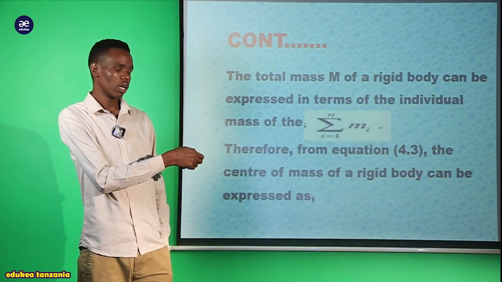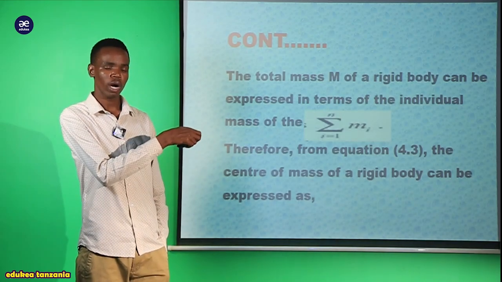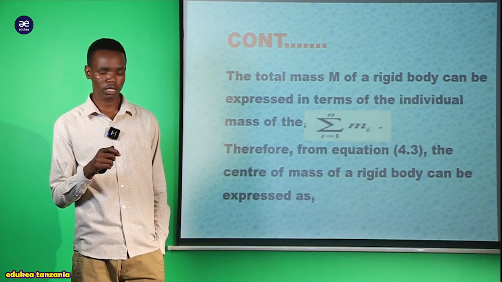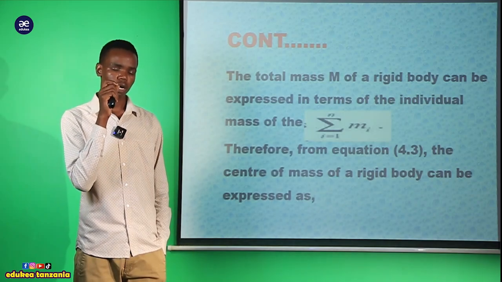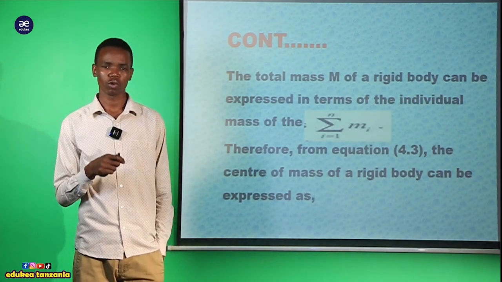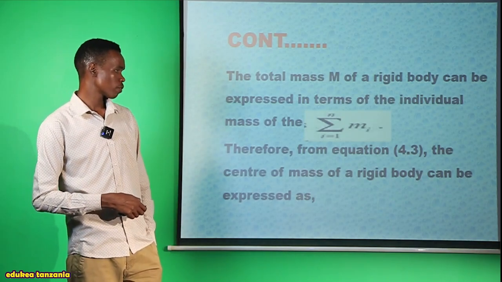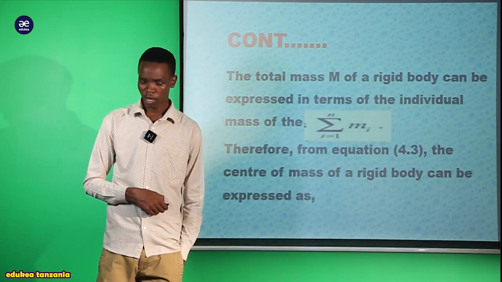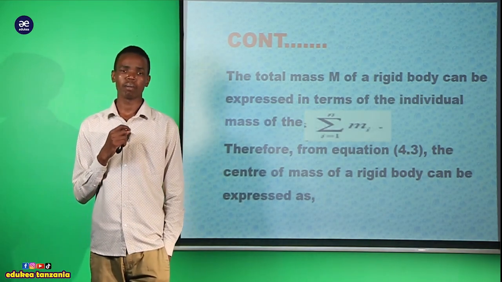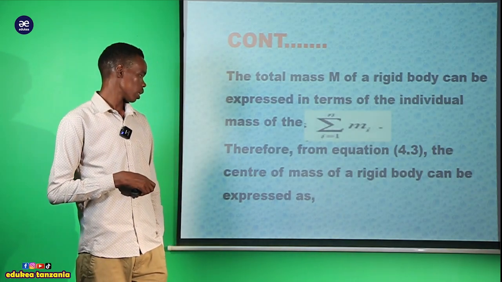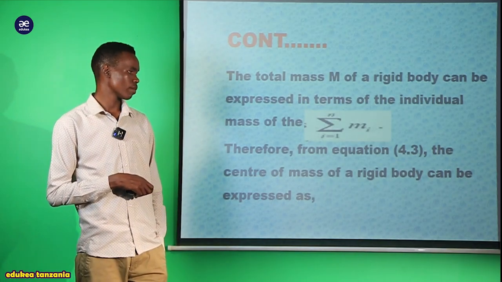So we have the summation with i starting from 1 up to n, to the n terms, when we have so many masses. Therefore, from equation number 4.3, we should recall equation 4.3, which gives us the center of mass of the rigid body.